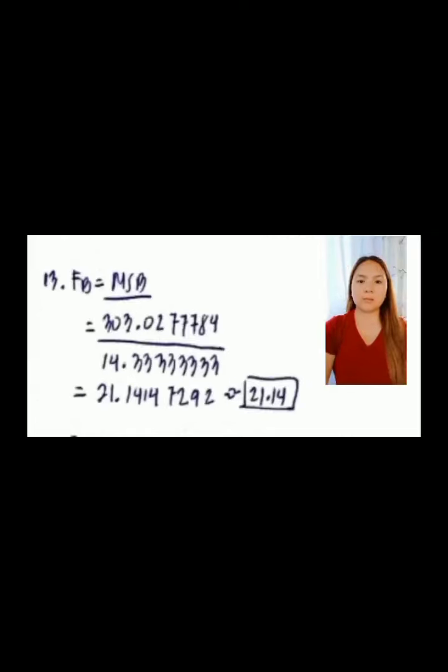3.38. Number 13, FB equals MSB over MSE. The MSB here is 303.0277784 divided 14.333333. The total is 21.14147292, or 21.14.